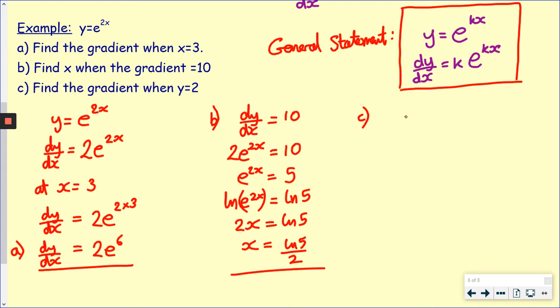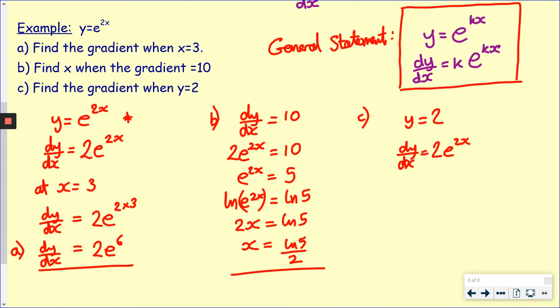So here we know y equals 2, but we also know that y is e to the 2x, so we can say e, oh no, sorry, forgive me, we want the gradient. So we're going to go dy/dx, we already know is equal to 2e to the 2x.